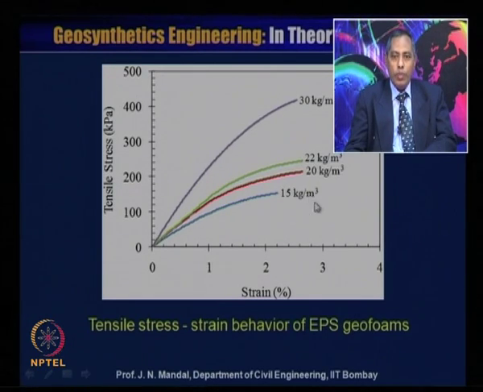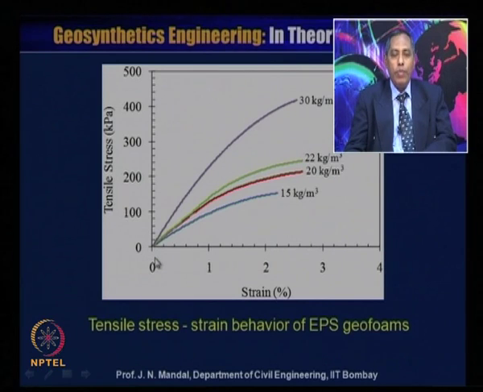This is for 15 kg per meter cube, the density of the EPS geofoam, and the next, red one, is 20 kg per meter cube, then green again is 22 kg per meter cube, and then this is 30 kg per meter cube.